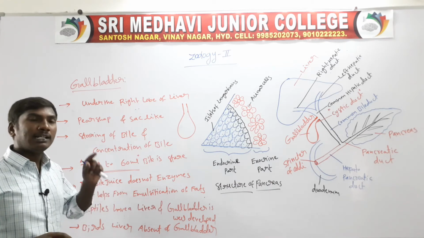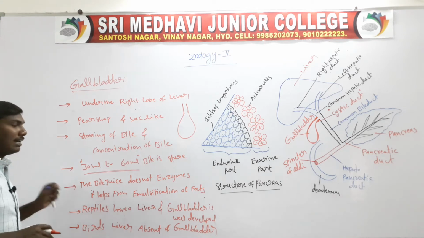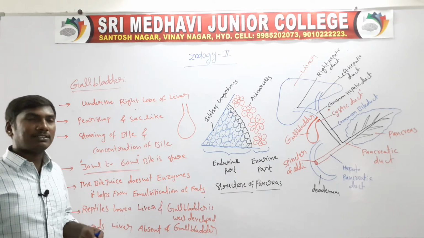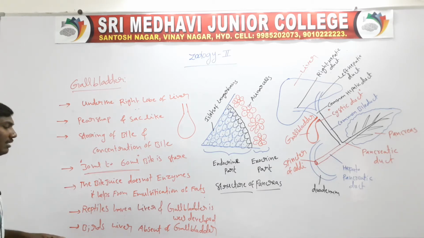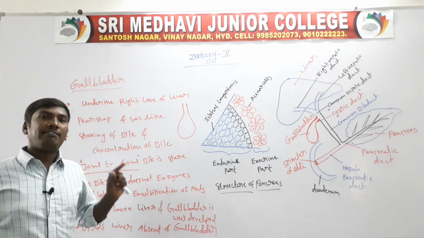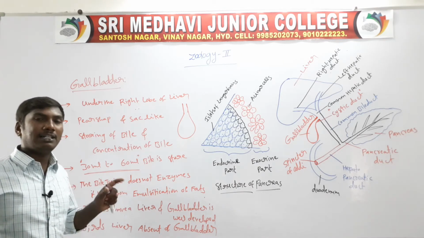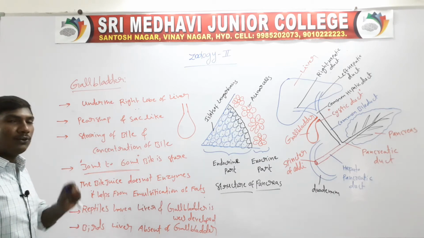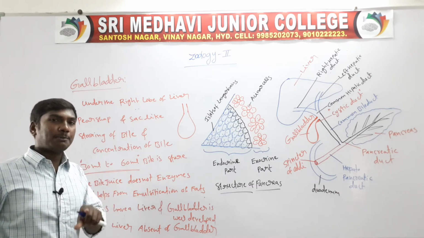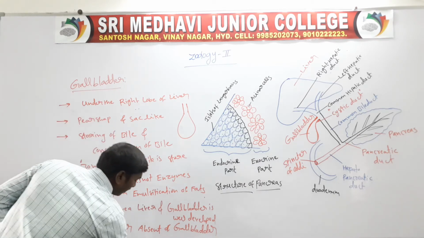The bile does not contain digestive enzymes; it helps in the emulsification of fats. Reptiles contain a well developed liver and gallbladder. Birds have only the liver, and the gallbladder is absent.